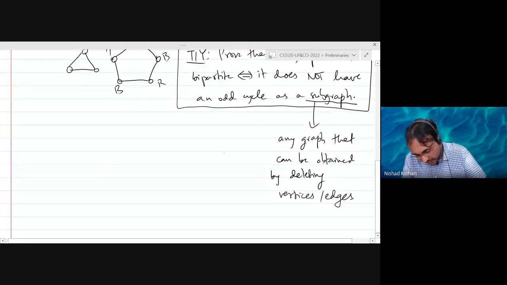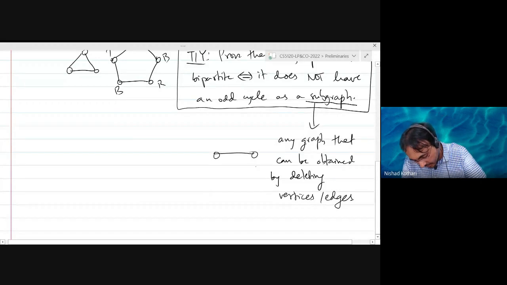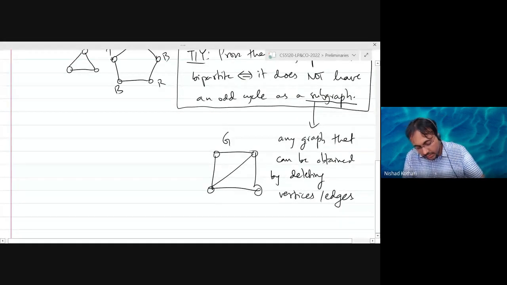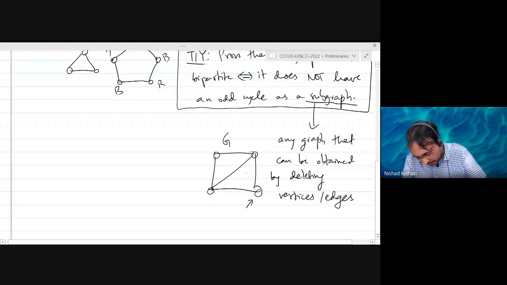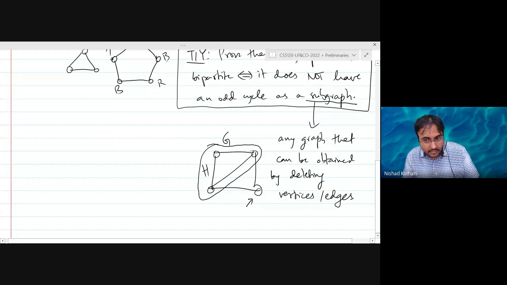So for the example we just looked at, if this is your graph G, you can delete this vertex. And when you delete a vertex, the two edges incident at that vertex will also get deleted. And you will get this subgraph H. And H is an odd cycle. And therefore, this graph is non-bipartite.